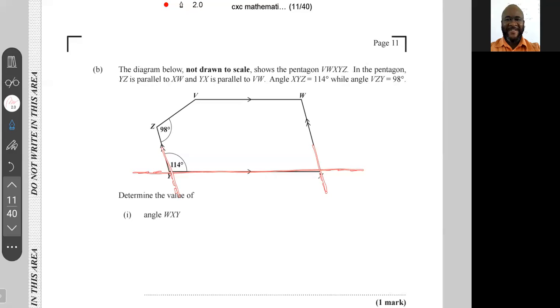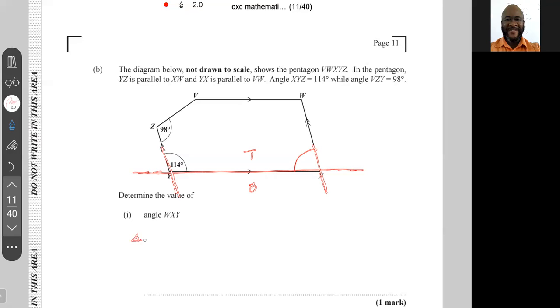So this angle here and this angle here are interior angles. When you have two interior angles on the same side of the transversal, like the top side and the bottom side, those two angles are supplementary and they are called co-interior angles.